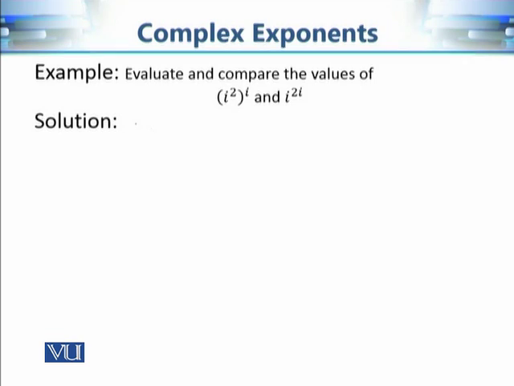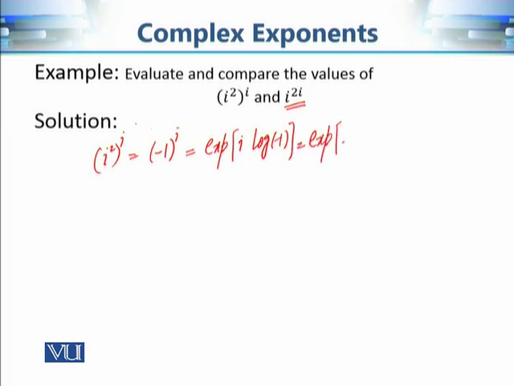So we have two powers: iota raised to power 2, raised to power iota, and iota raised to power 2 iota. Now iota square raised to power iota can be written as minus 1 raised to power iota, and this is equal to exponential of iota and log of minus 1. We can write it as exponential of iota times log of 1 plus iota times the argument, which is pi, so pi plus 2n pi.